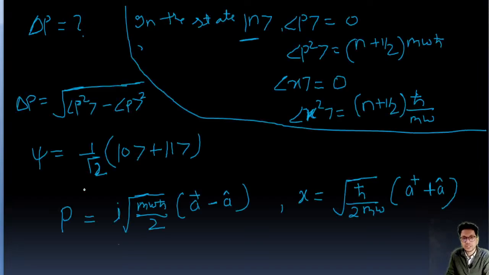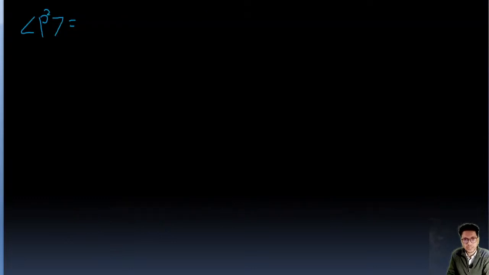So now what we are going to do is find out the expectation value of momentum square. Okay, for that, we have the value of p as this, and we have to find the whole square of this, right? So i square is going to be minus 1. I'll write it first, that would be easy for you.